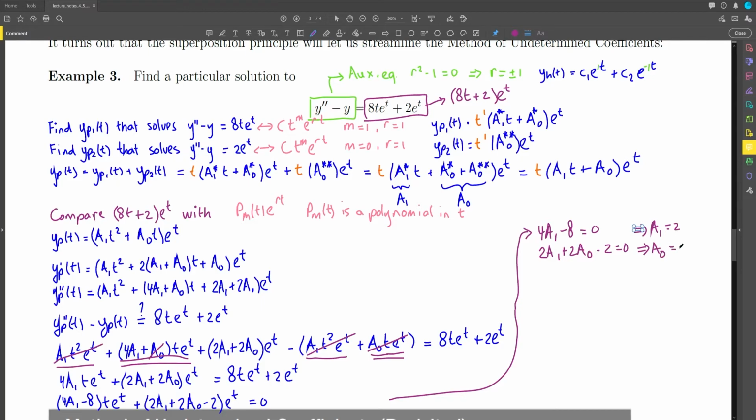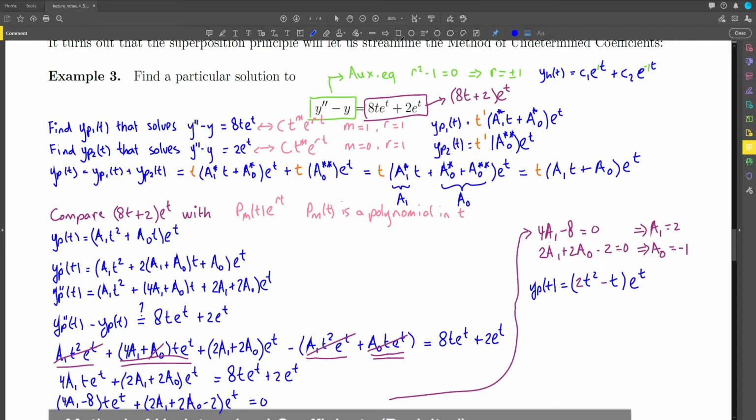a naught equals -1. So that means that our final answer for our particular solution here looks as follows: yp of t equals a1, which is 2, times t squared, and then plus a naught, but that is -1, so we have minus, and then t times e to the power t.